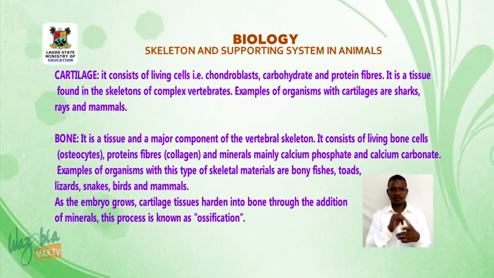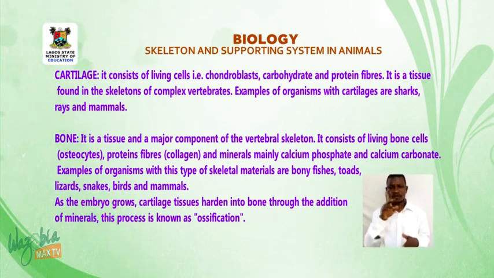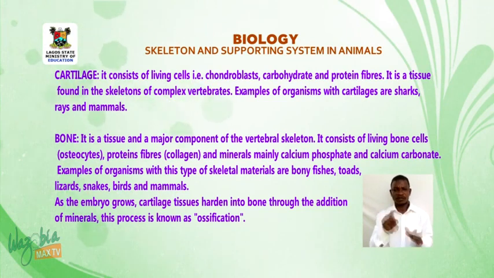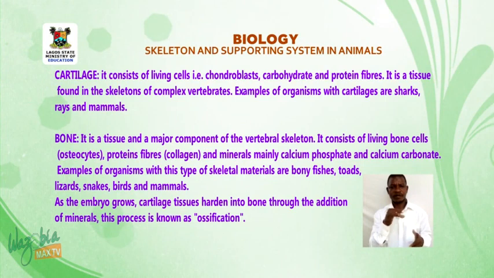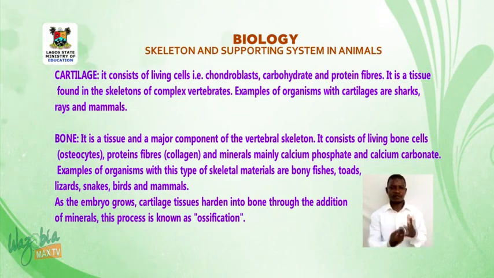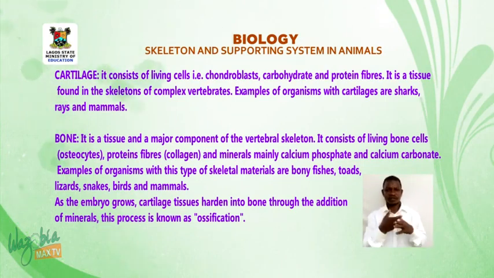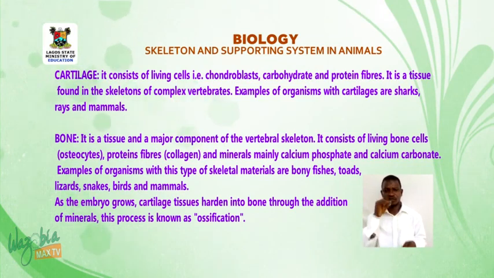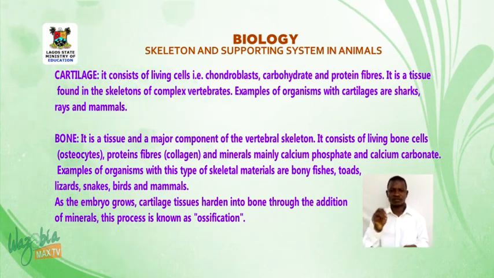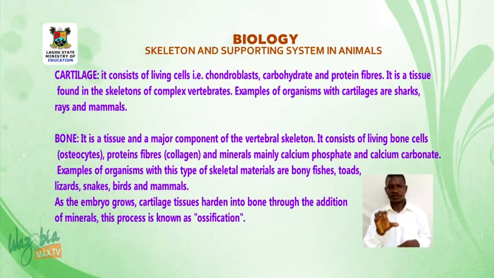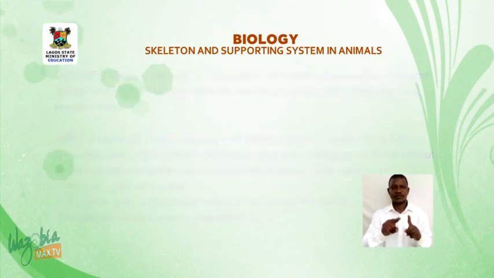Examples of organisms with this type of skeleton are bony fishes, toads, lizards, snakes, birds, and mammals. As the embryo grows, cartilage tissues harden into bone through the addition of minerals. This process is known as ossification.